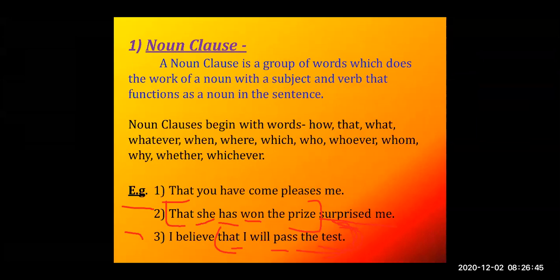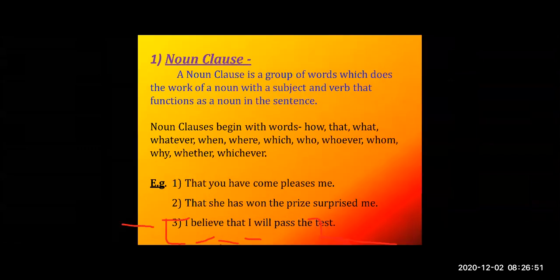What examples have we seen? First one is: "That you have come pleases me", "That she has won the prize surprised me", and "I believe that I will pass the test." "That you have come" is your noun clause, you is the subject, come is the verb, and "pleases me" is acting as the subject.